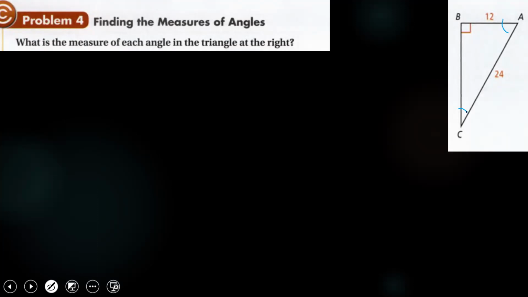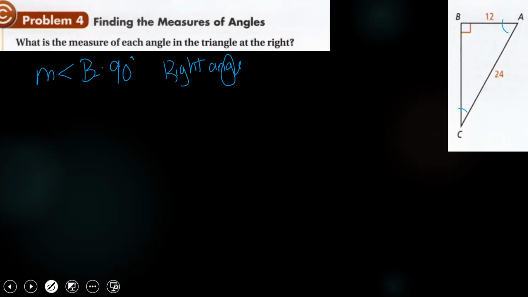Now angle B is a right angle. The measure of angle B is 90 degrees.